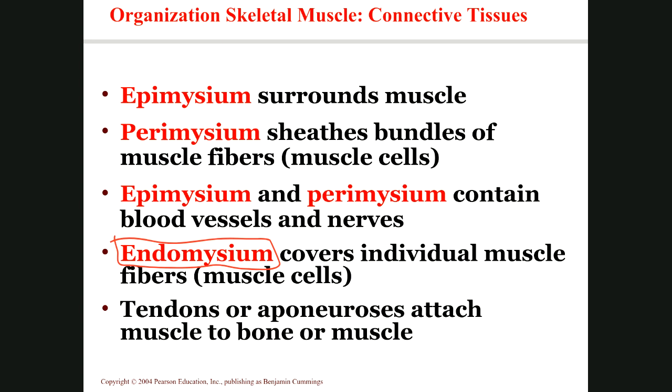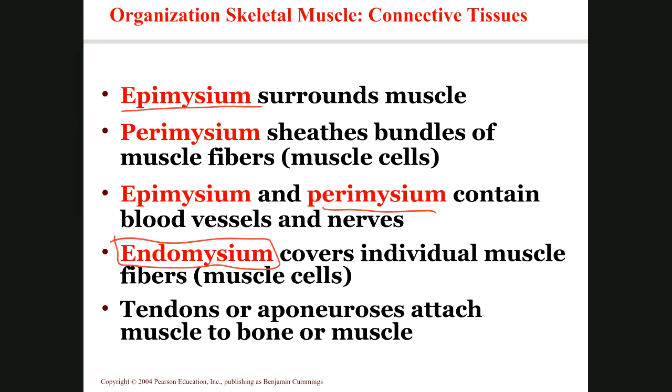Each individual skeletal muscle cell is covered by a connective tissue membrane called the endomysium. So it's like a sleeve that covers individual cells. Then several cells are going to be bundled together into fascicles by another membrane called the perimysium, and several fascicles will be bundled together by epimysium.